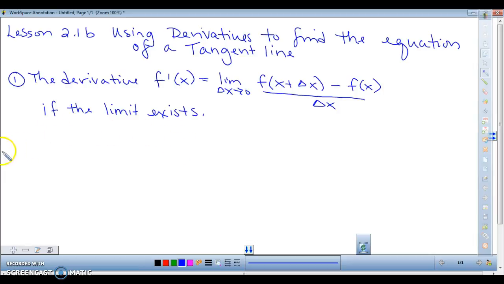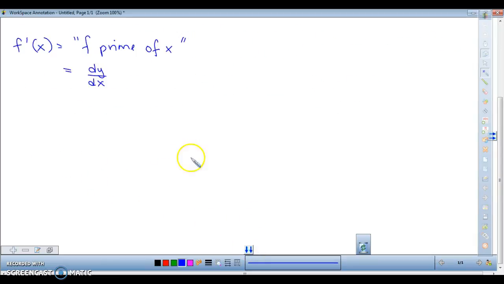Alright, so a few notation things. We know that this is f prime of x, we read that as f prime of x. Some other ways that we can write that is we also write it as dy over dx, where d stands for difference. So the difference in y over the difference in x's, that's because derivative is slope.